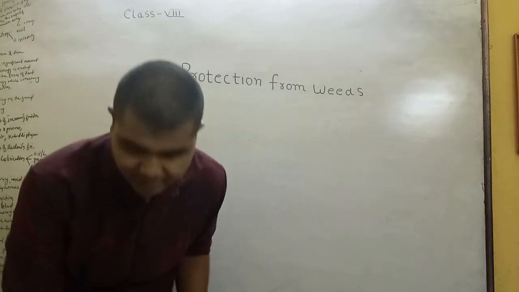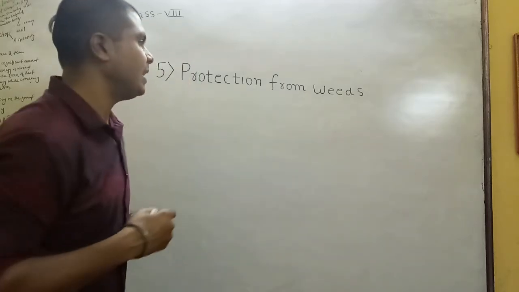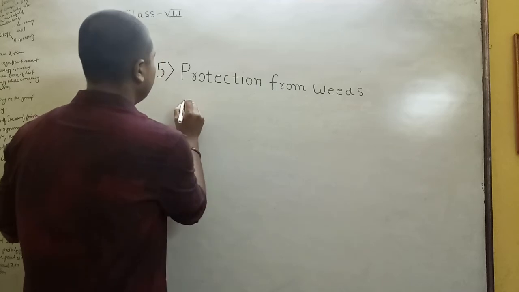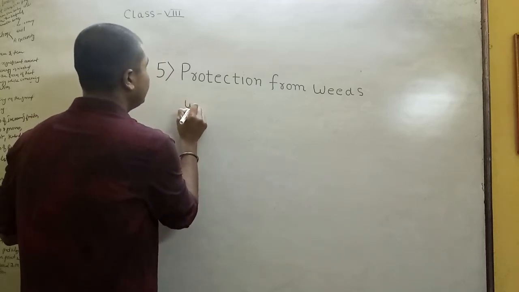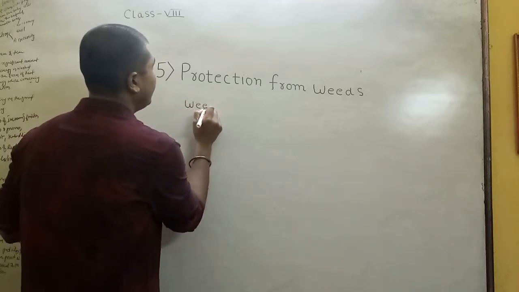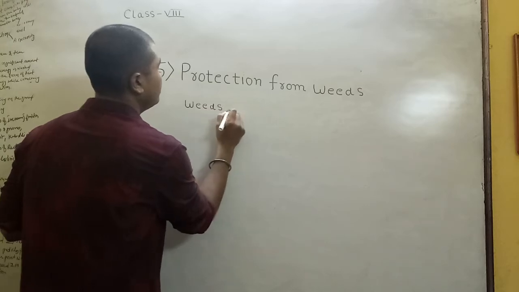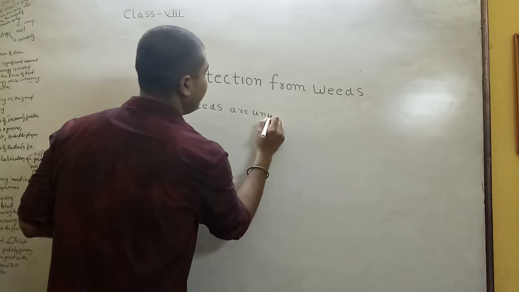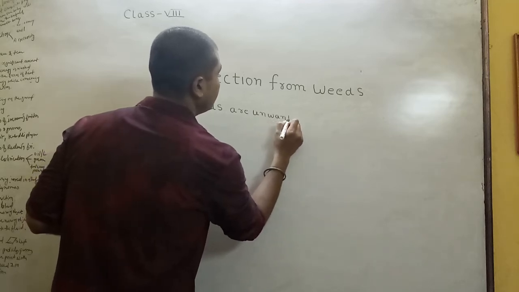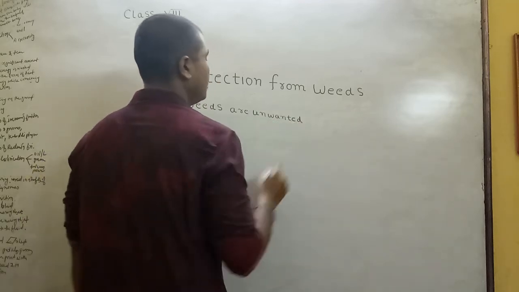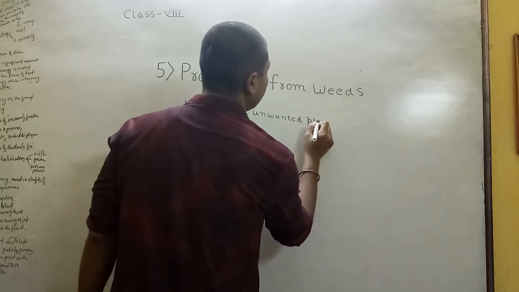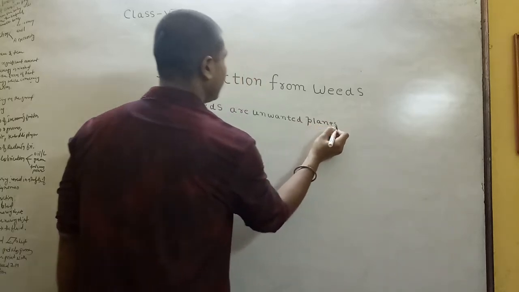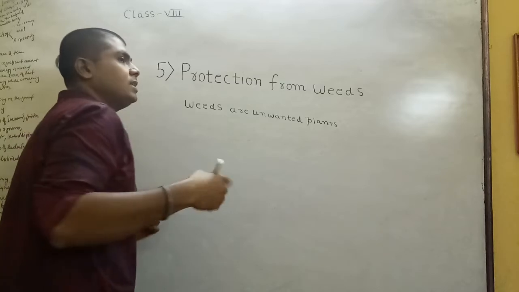So let us define weeds. Weeds are unwanted plants which grow along with the crops.